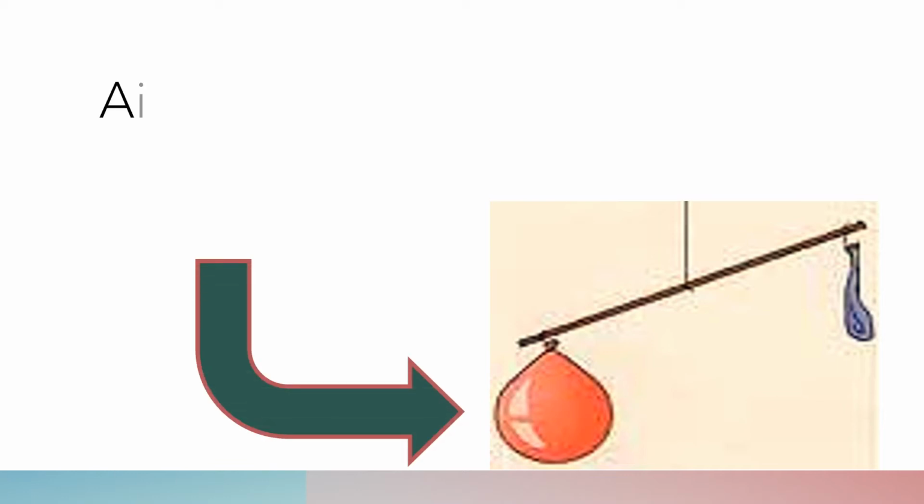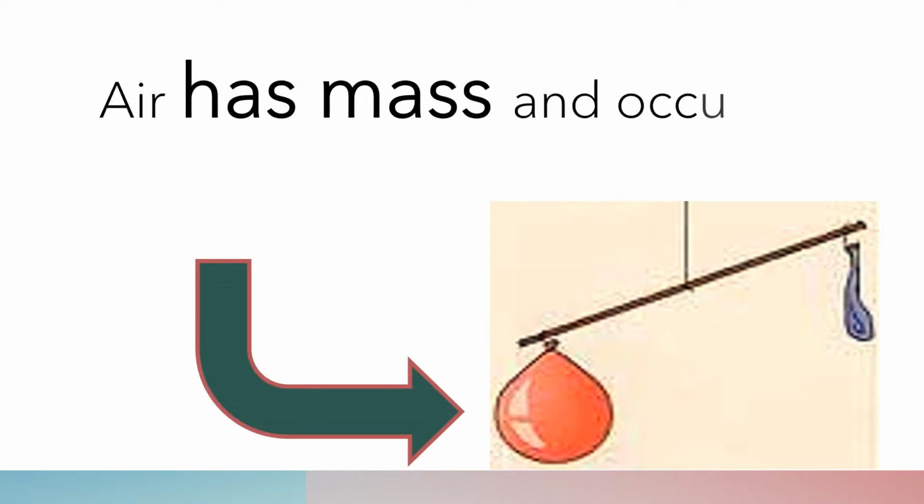So what happened when we prick one of the balloons? The balloon will tilt toward the orange balloon, the one that is not pricked. Okay, this shows that the air inside the balloon has mass. So as the conclusion, air has mass and occupies space.